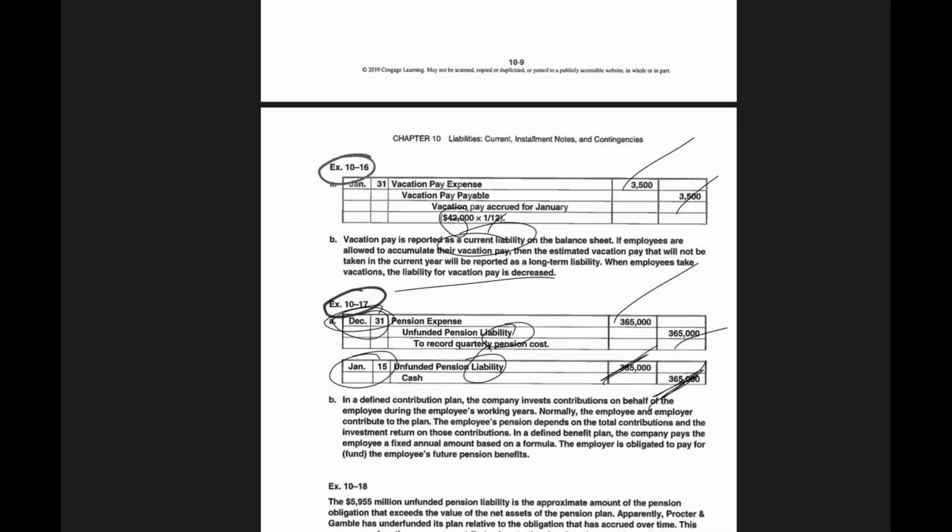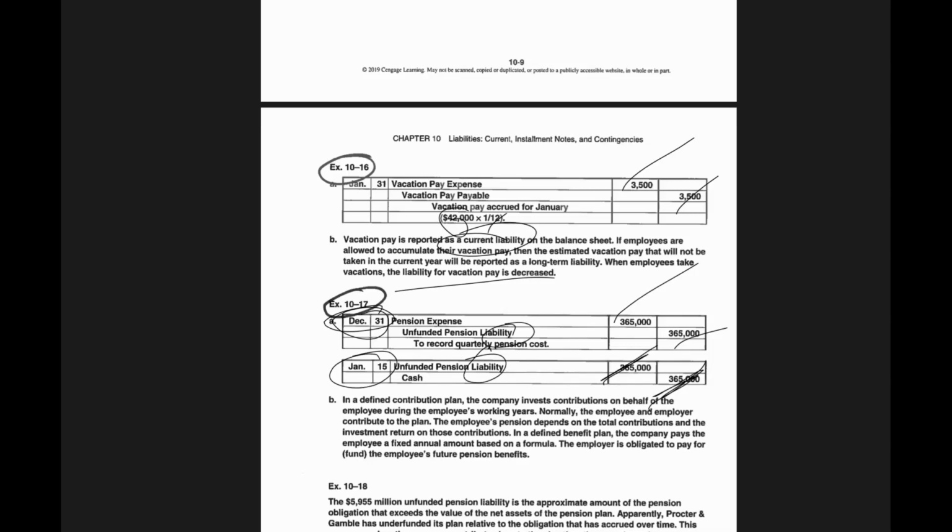How does a defined contribution plan differ from a defined benefit? Well, a defined contribution plan, as it reads here, the company invests contributions on behalf of the employee during the employee's working years. So that is like a 401k or a 403b.